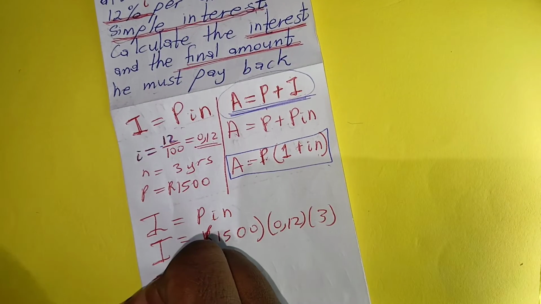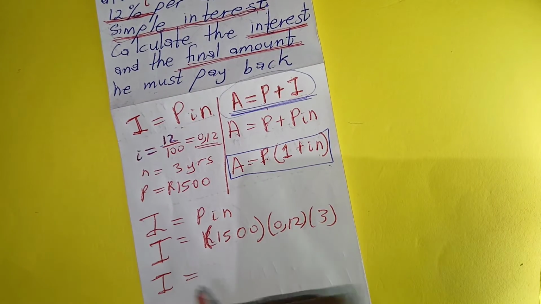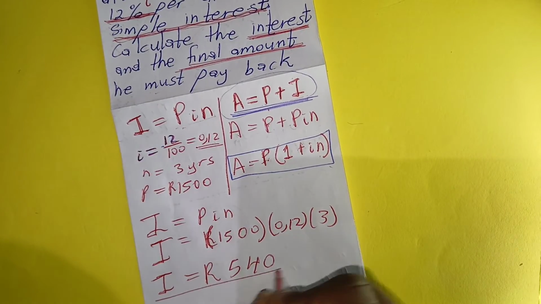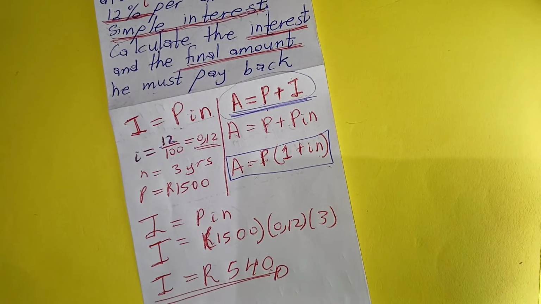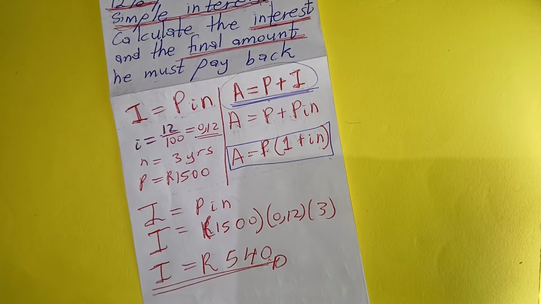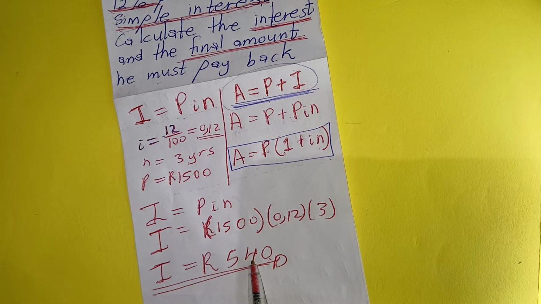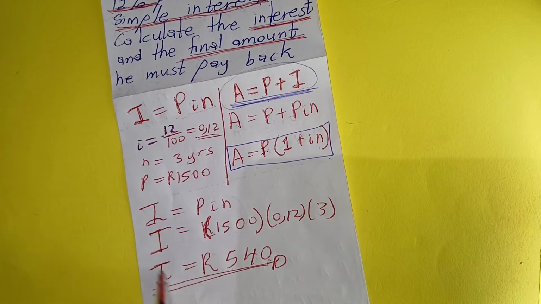So when you press this on your calculator, you'll find out that you get 540. Yeah, it's 540, guys. So this one is the interest.